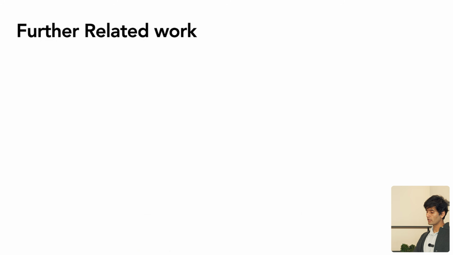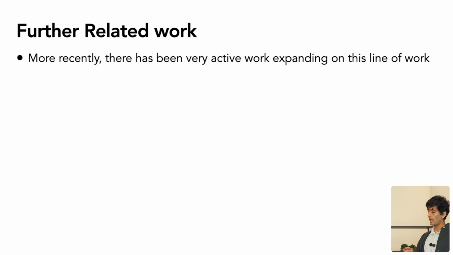Okay, in the last few minutes of my talk, I want to leave you with a broader overview of where this research direction is going and what we expect from this, at least in the next few years. There's been an active line of work trying to understand what we can do at inference time.